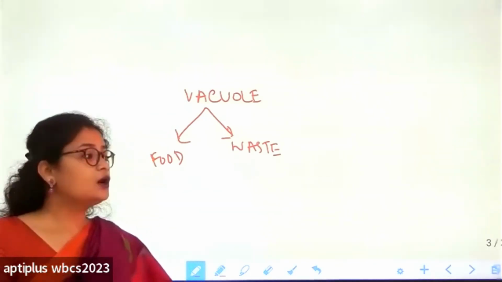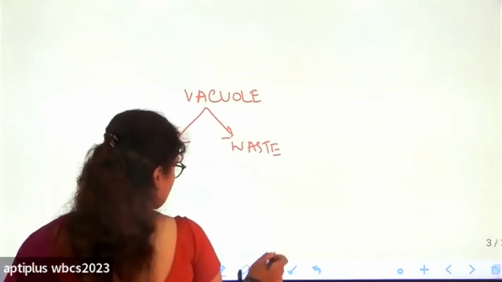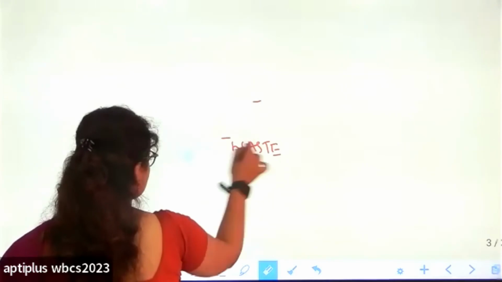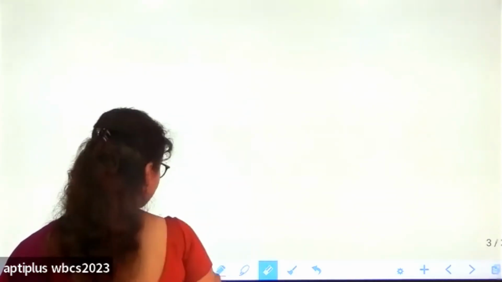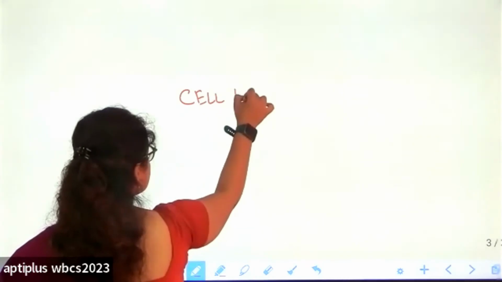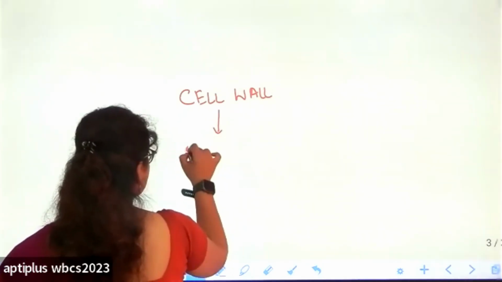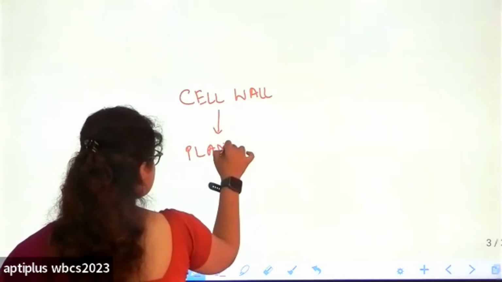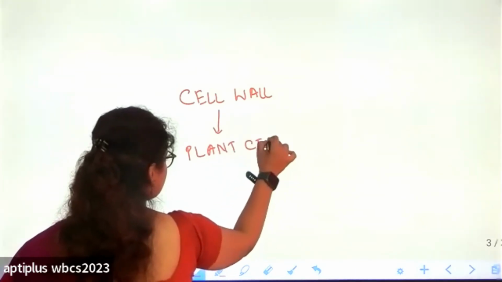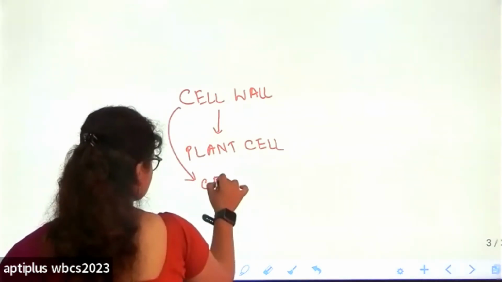Okay, now as I was talking about the cell membrane, I should also mention the cell wall. Now cell wall is something which is never present in an animal cell. It is mainly present in a plant cell. Why is it present in a plant cell and never in an animal cell? Because the main component of cell wall is cellulose.